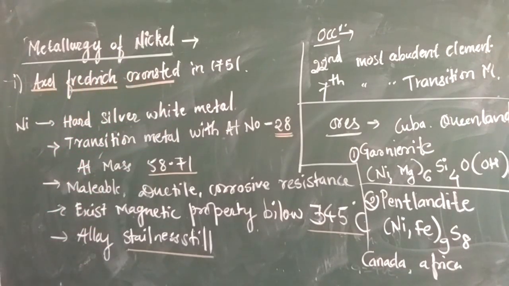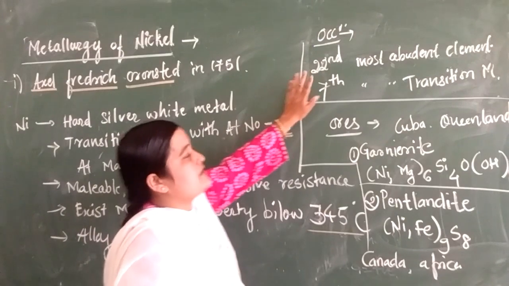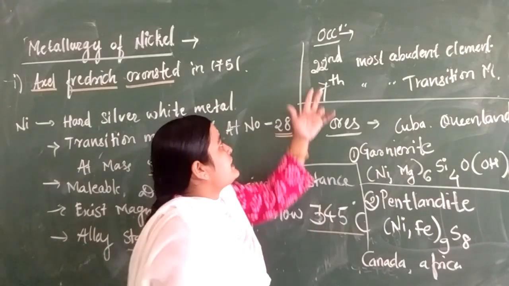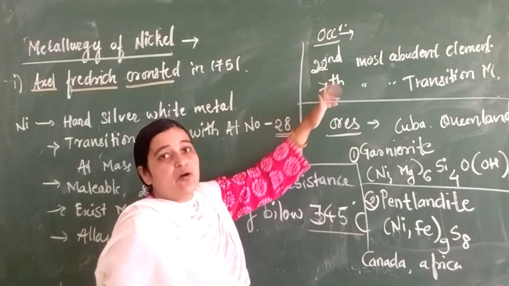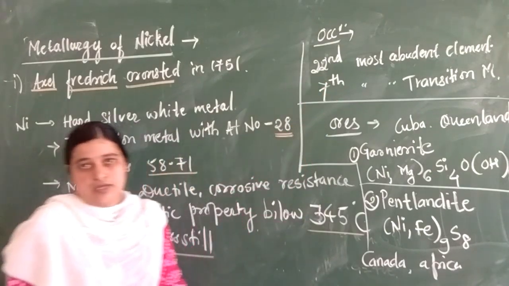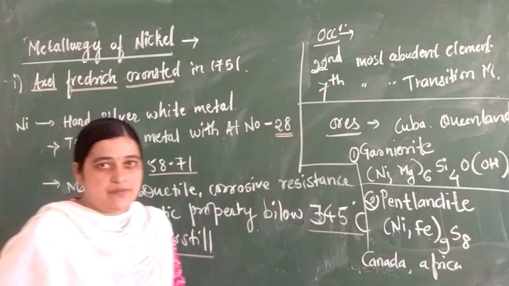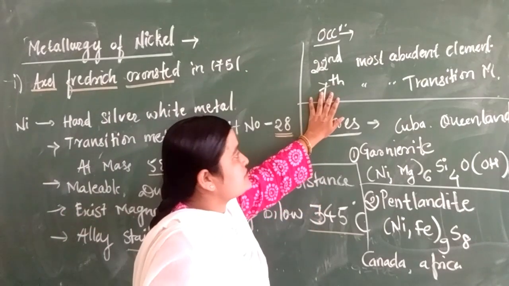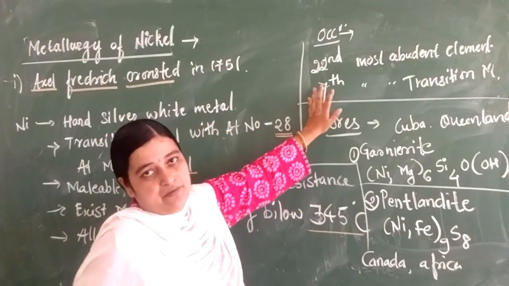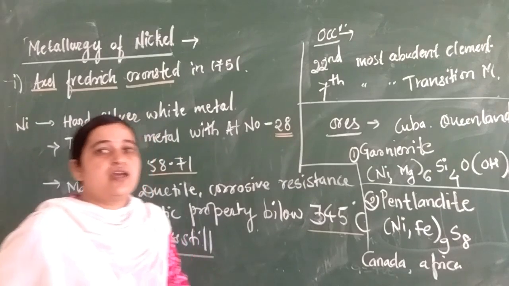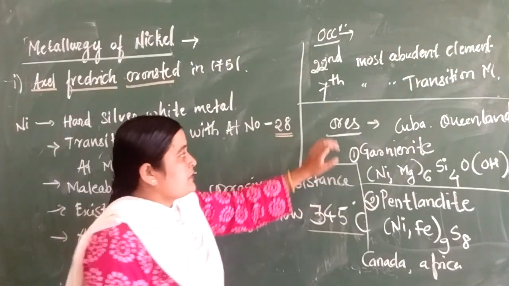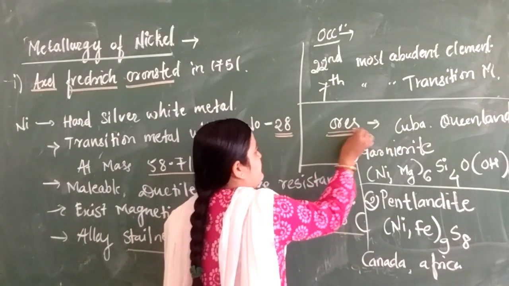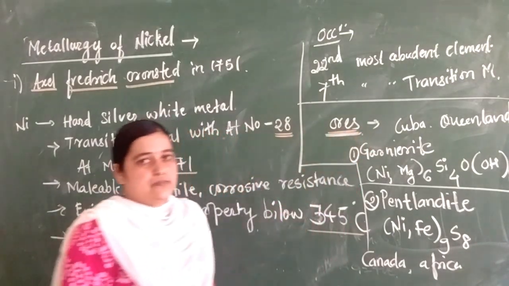The next part is occurrence. Where can it actually occur? It is the 22nd most abundant element in the whole universe and the 7th most abundant transition metal. Next, ores, meaning where the impure form of nickel can be obtained.